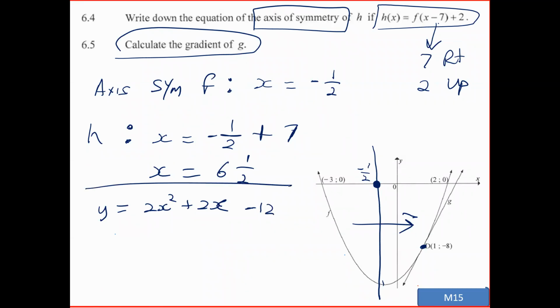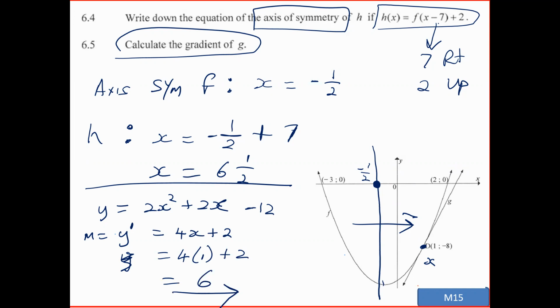Now, if we want to find the gradient of the tangent, remember, the derivative is the gradient, okay? So at a point. So if we find the derivative, we'll get 4x plus 2. And the x value there of this tangent to the graph is sitting at x equal to 1. So all we have to do now is substitute the 1. And that means that the gradient for this graph is 6.